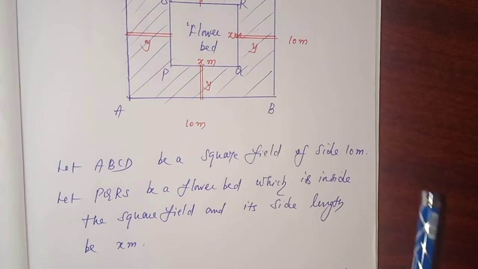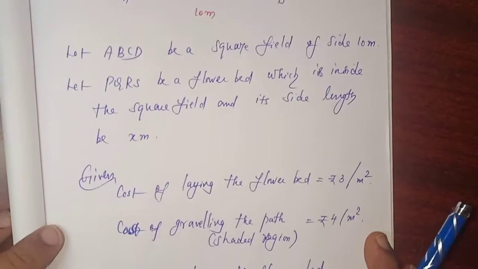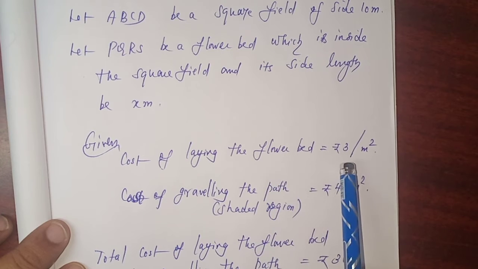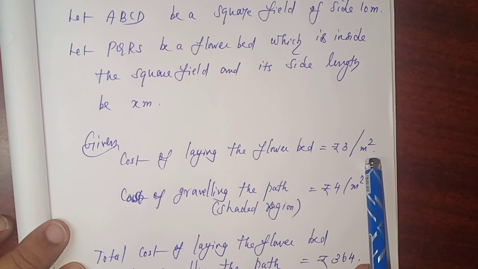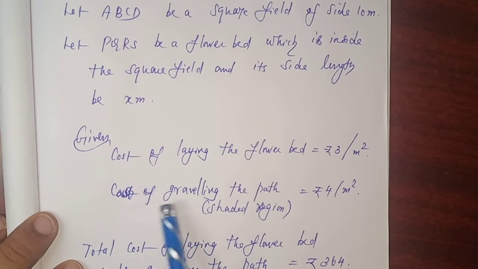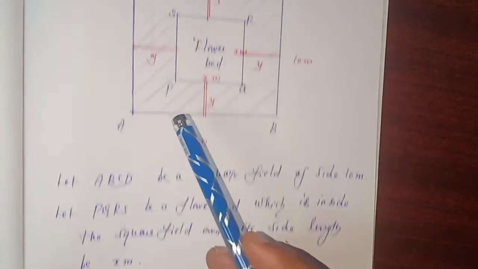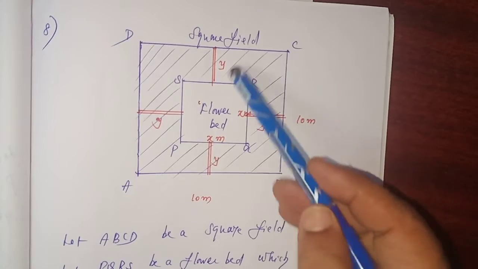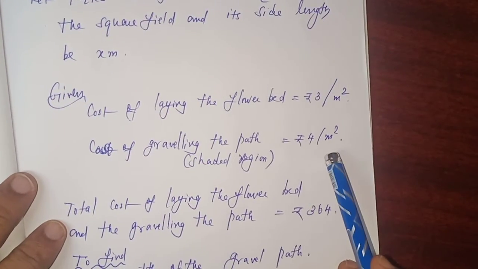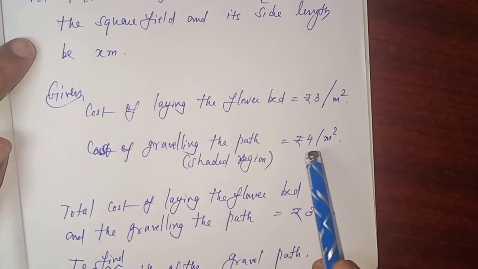x meters. Now, cost of laying the flower bed equals rupees 3 per square meter. For 1 square meter, 3 rupees. It is given. Then cost of graveling the path, the shaded region only, is equal to 4 rupees per square meter. For 1 square meter, the cost is 4 rupees.